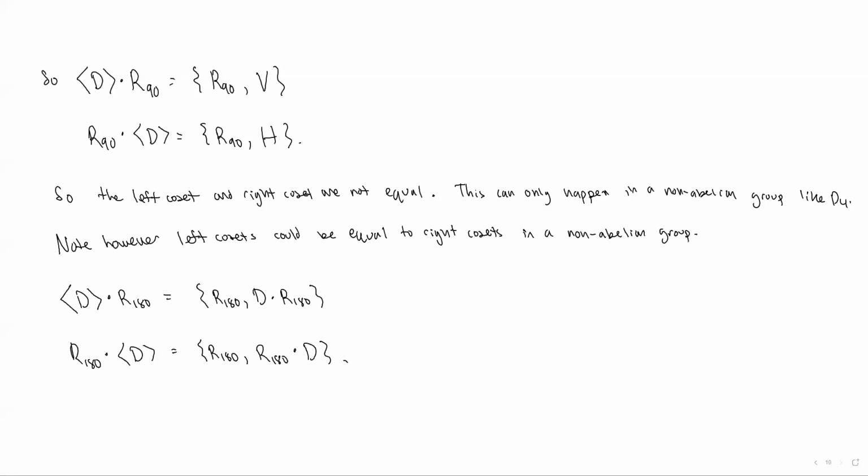And the reason the two cosets ended up being different is because D times R90 is not R90 times D. But for R180, they're actually equal. So things can commute in a non-abelian group. Obviously, the dihedral group contains an abelian group inside it: the rotations, which all commute with each other. But even a rotation and reflection could potentially commute with each other.